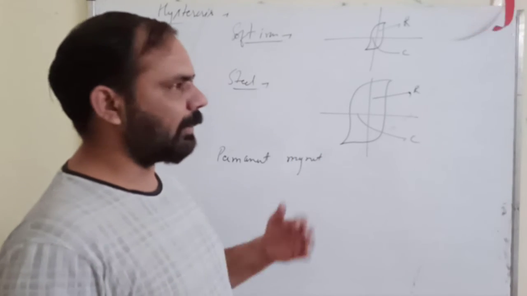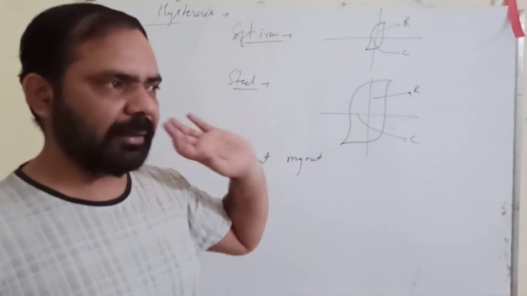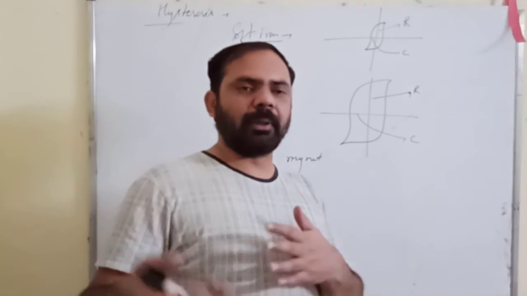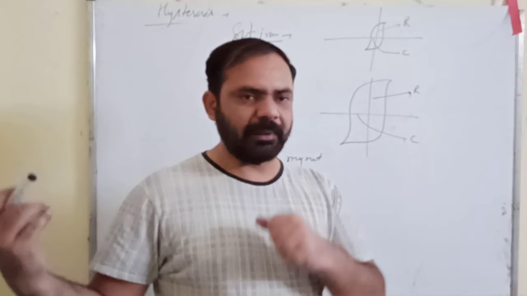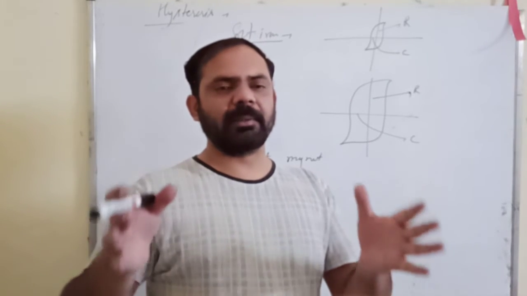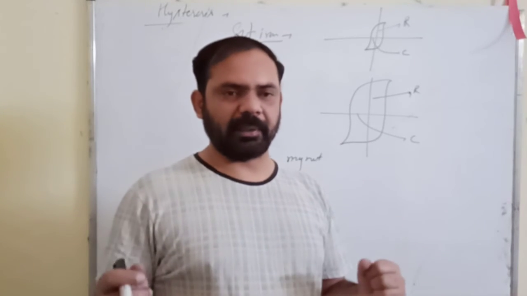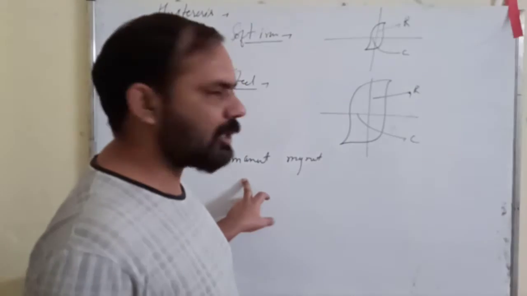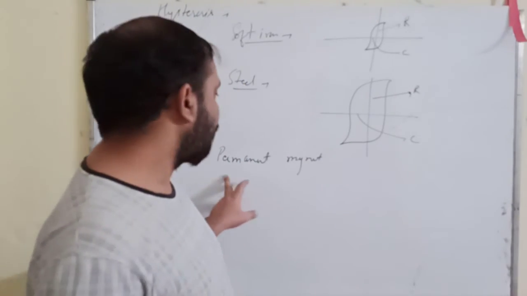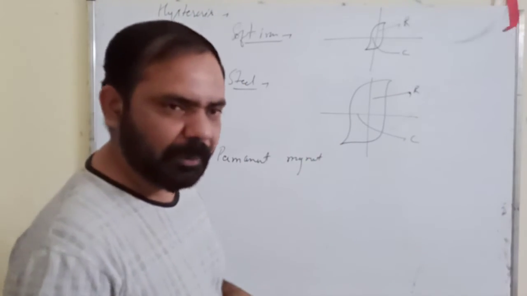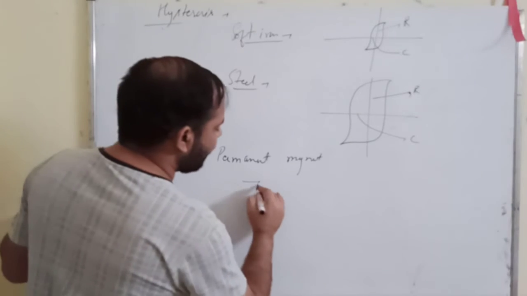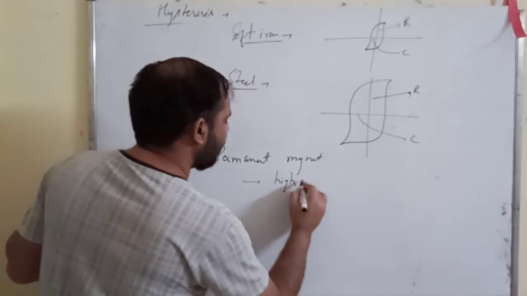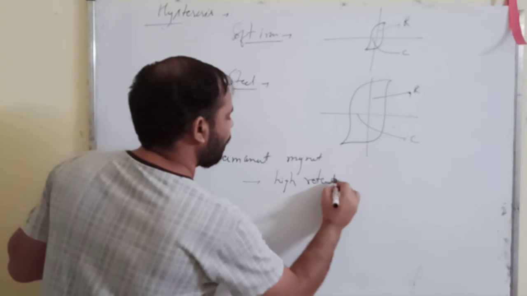If you magnetize the material and then remove the magnetizing field, it should retain the maximum part of its magnetic properties. It means that it must have high retentivity. For using a material as a permanent magnet, we must ensure that high retentivity is there.